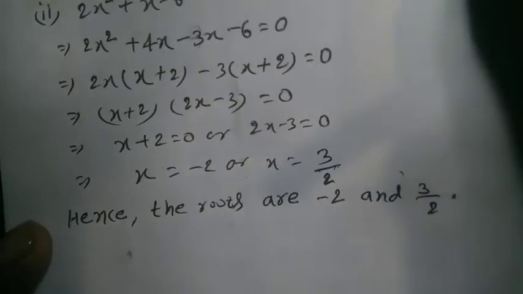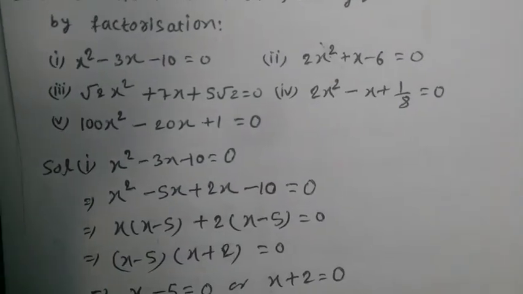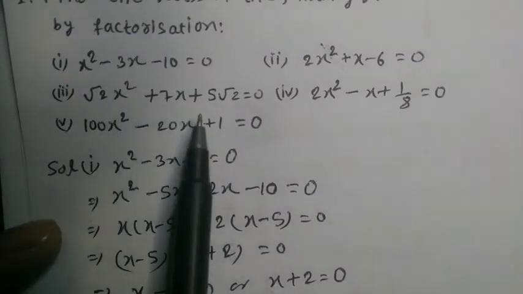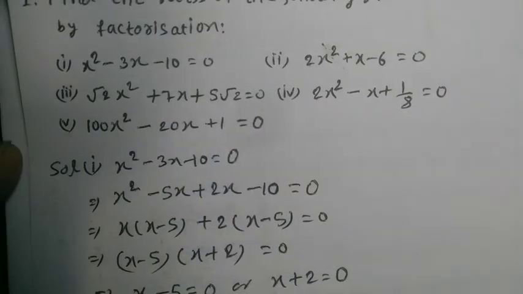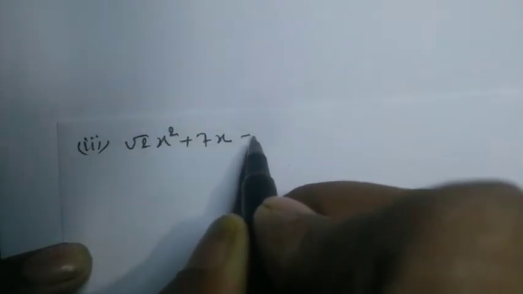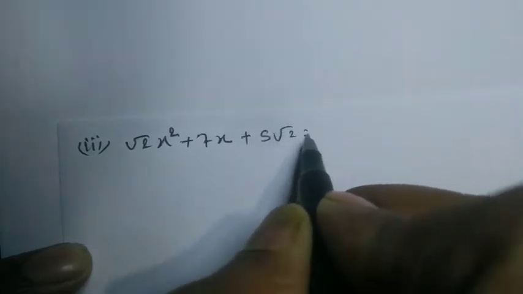Now the third question is root 2 x square plus 7x plus 5 root 2 is equal to 0.